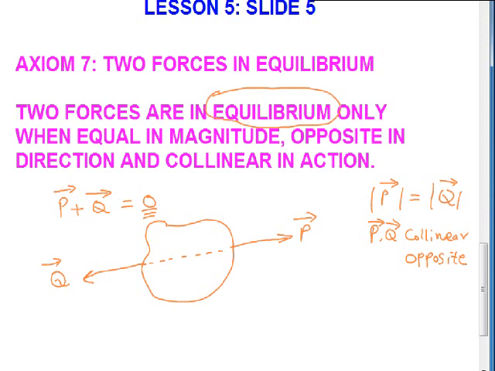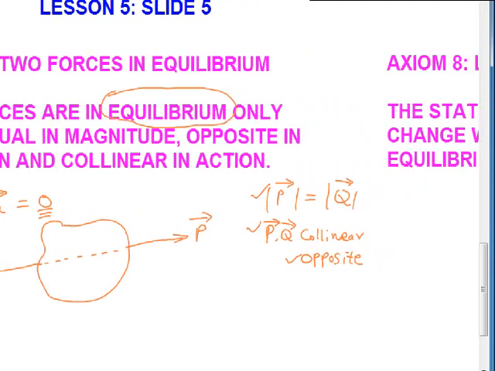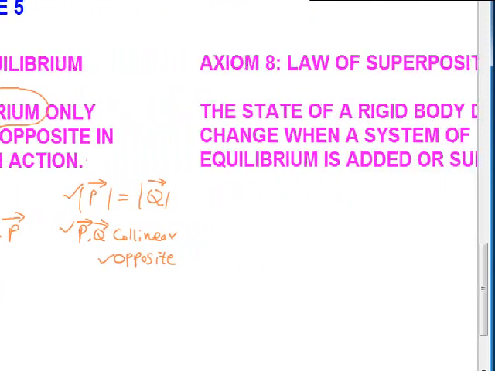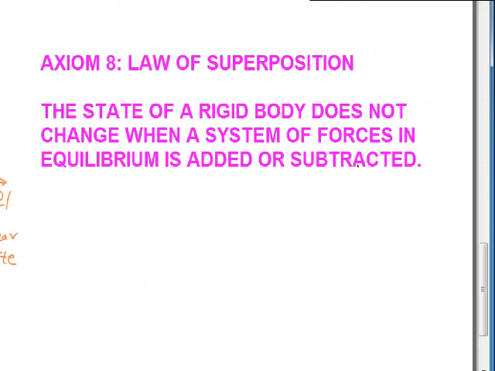But for now we need to understand that if you have a force P and you want to cancel the effect of force P by a force Q, the conditions to be satisfied are that the magnitude should be the same, they should be collinear, and they should be acting in opposite direction. We'll try to see how we apply this in subsequent lessons, and we'll look at the next axiom.